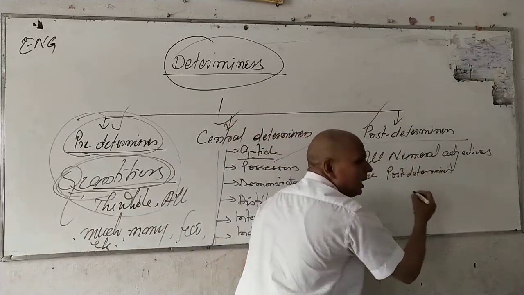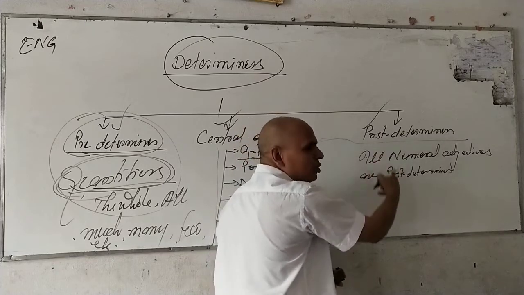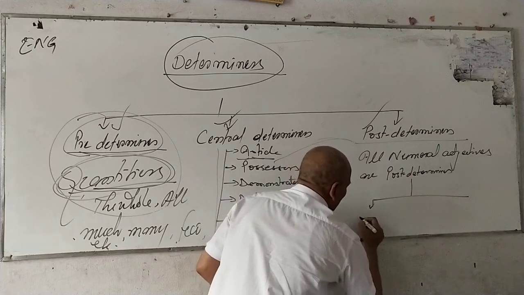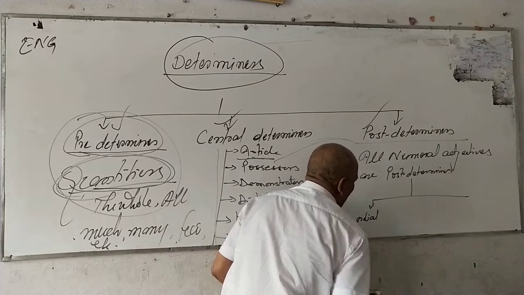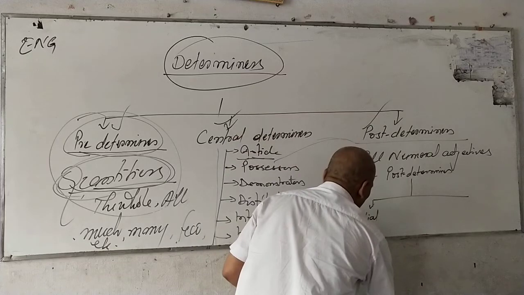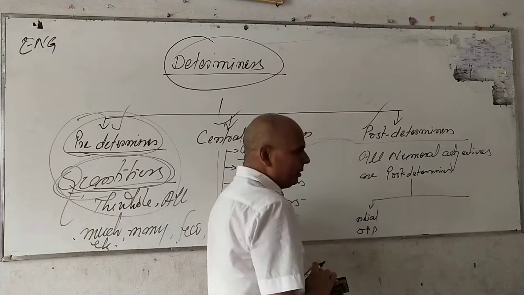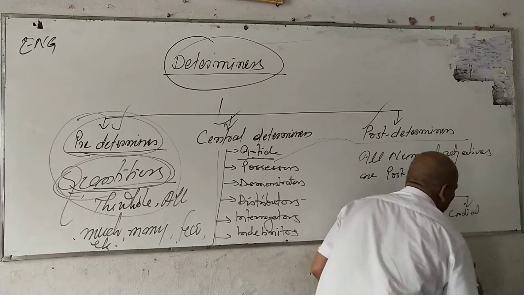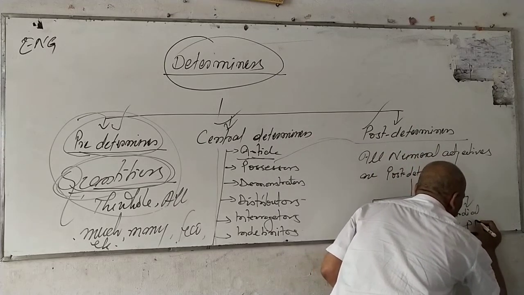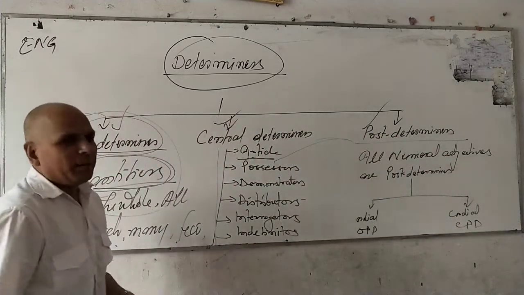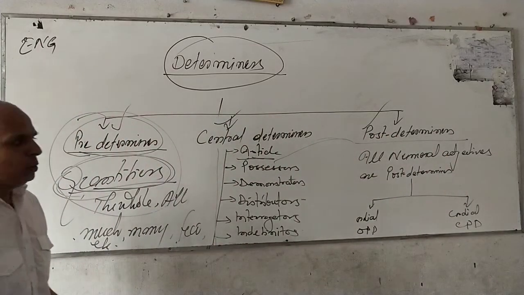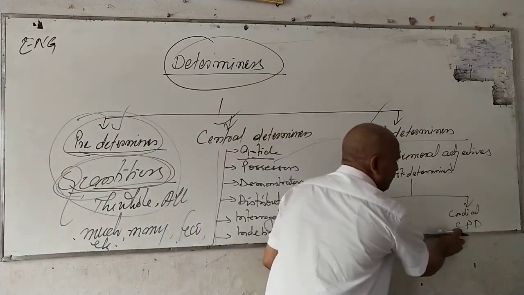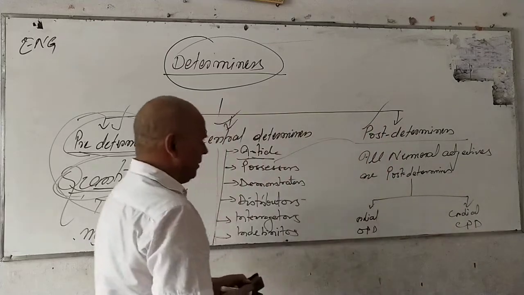Again, these numeral adjectives are categorized into 2 parts: ordinal post determiner, OPD, and cardinal post determiner, CPD. So post determiners are of 2 types: OPD, ordinal post determiner, and CPD, cardinal post determiner.